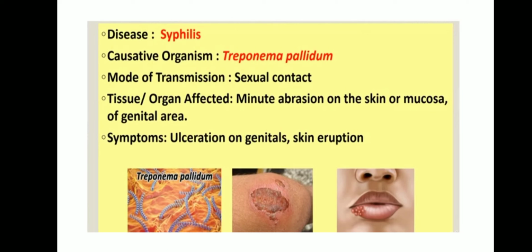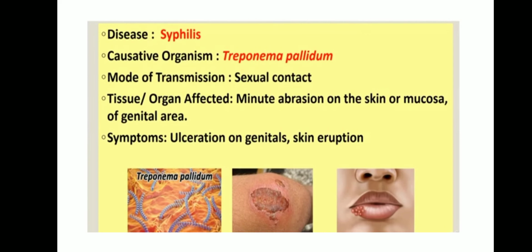And next, syphilis. The causative organism is Treponema pallidum. The mode of transmission, sexual contact. Which organ is affected? Minute abrasion on the skin or mucosa of genital area.